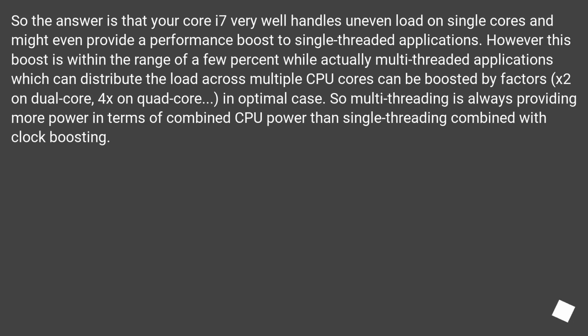However, this boost is within the range of a few percent, while actually multi-threaded applications which can distribute the load across multiple CPU cores can be boosted by factors of 2x on dual-core, 4x on quad-core in the optimal case. So multi-threading is always providing more power in terms of combined CPU power than single-threading combined with clock boosting.